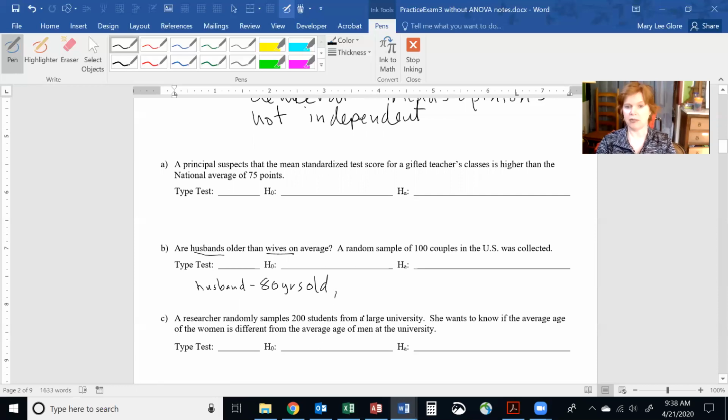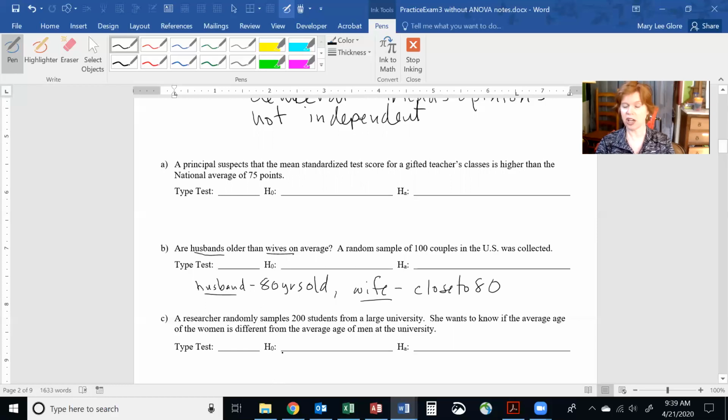I wouldn't say, well, I have no idea whatsoever. No, I have some idea. It's probably around 80, right? Maybe a few years younger, because husbands tend to be a few years older, but her age is now going to be close to 80. So her age is not independent of the husband's age.